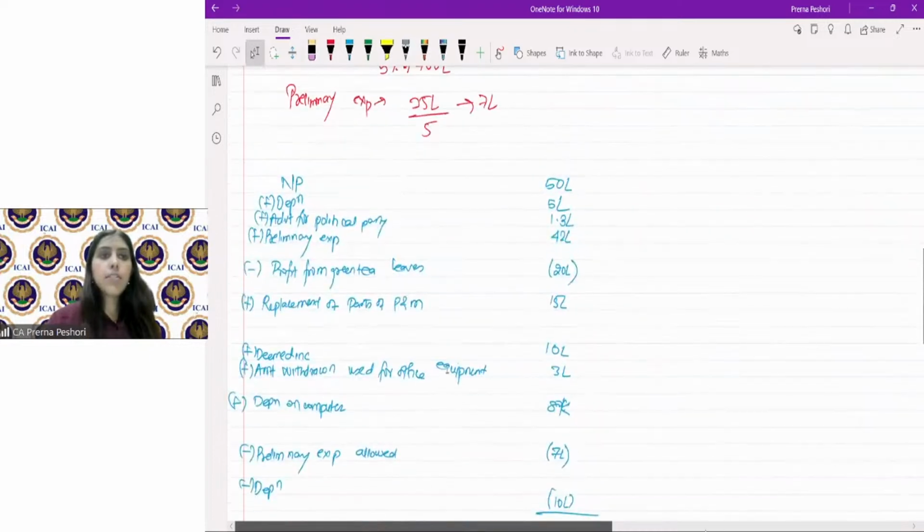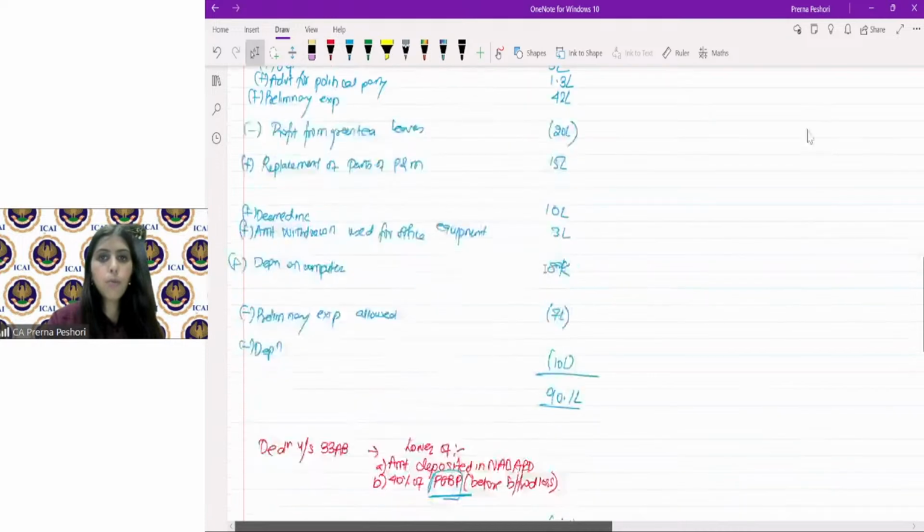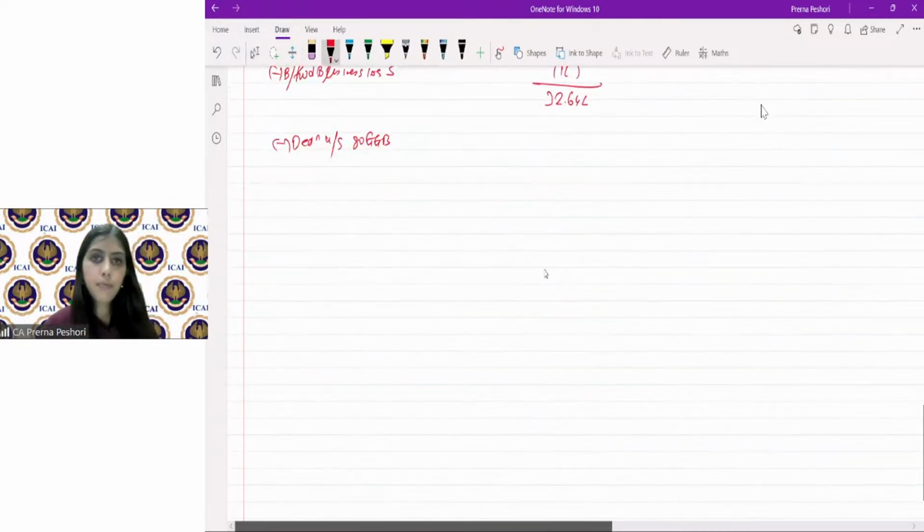And how much was that? No, it was 1.3 lakh. So my total income comes to 31.34 lakh.